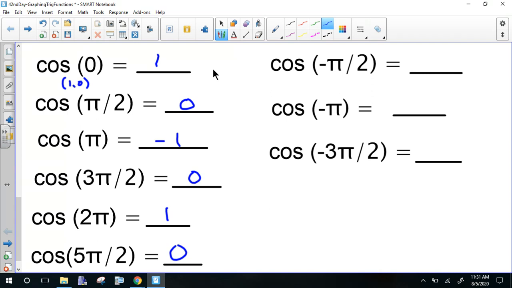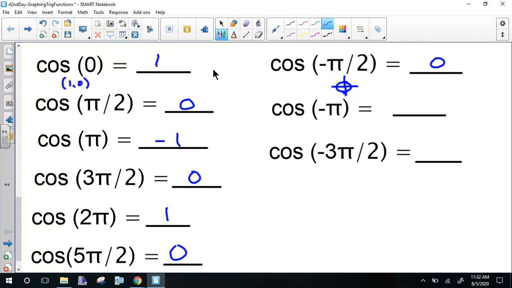And also, if we go in a negative direction, we look at the unit circle and we go negative pi over 2, or negative 90 degrees. That puts us down here at 3 pi over 2, so that's going to be the same as 3 pi over 2, in a negative direction.